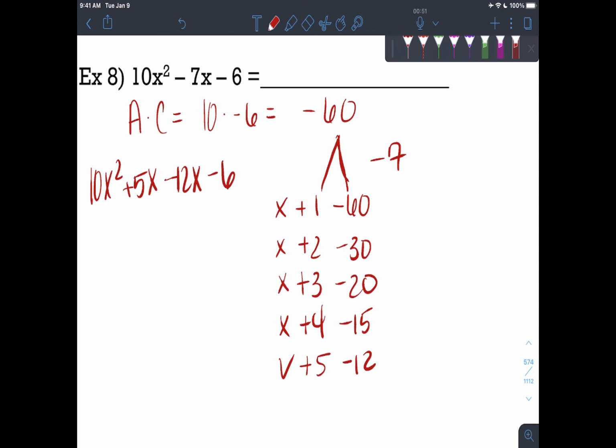And now I'm going to factor out from the first two terms. I see that they have a 5x in common. And over here, I'm going to do the same thing. I see that they have a negative 6 in common.